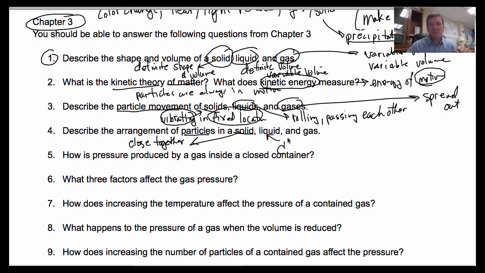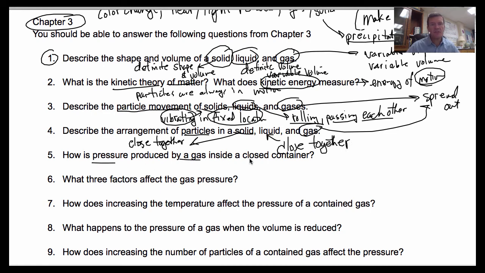Liquids, they are also close together, but they are rolling, passing each other, and tumbling. They're flowing. Gases, as I mentioned, they're totally spread out, and keep expanding and bouncing off each other and the walls, and they have a lot of energy.